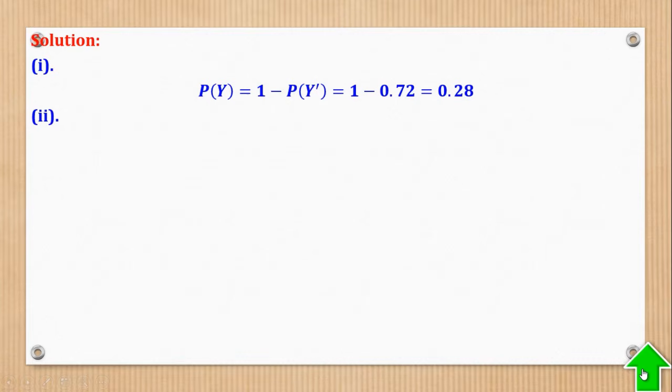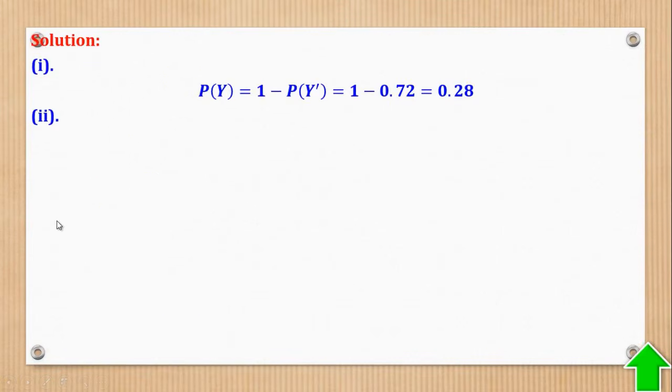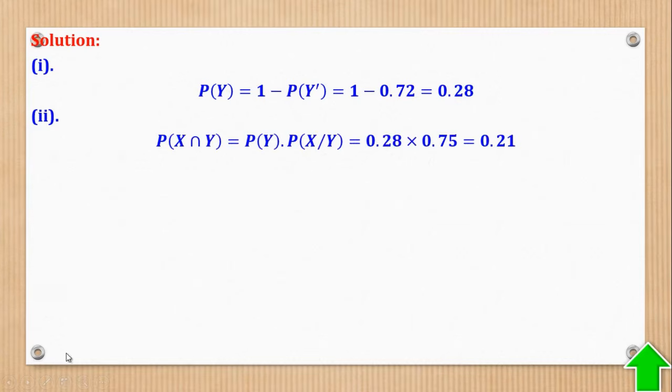Then for Roman 2, the probability of X intersection Y. From Bayes' theorem, it will be probability of Y times probability of X/Y. Like I told you, what has already occurred is what you multiply by the conditional probability. Probability of Y is here, probability of X/Y is there, which gives you 0.21.